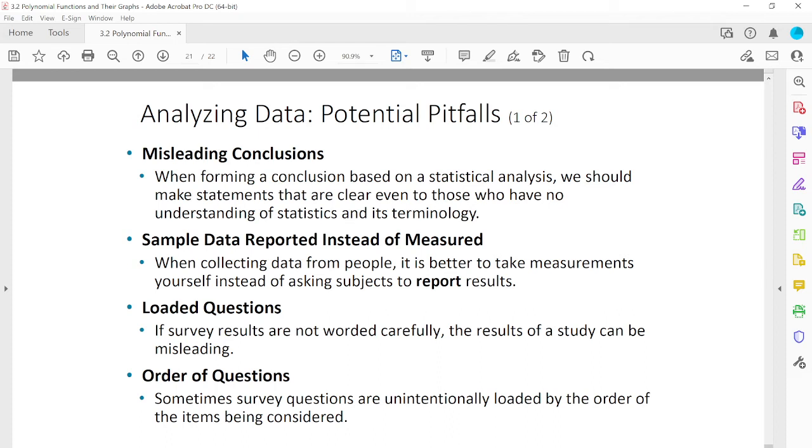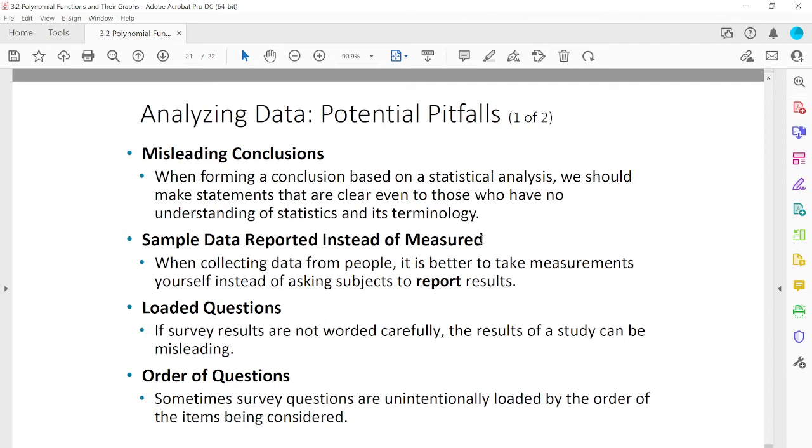While analyzing the data, we also have to think about potential pitfalls. For example: misleading conclusion, sample data reported instead of measured, loaded question, order of questions. When we analyze the data, we have to make sure how the survey was handled.